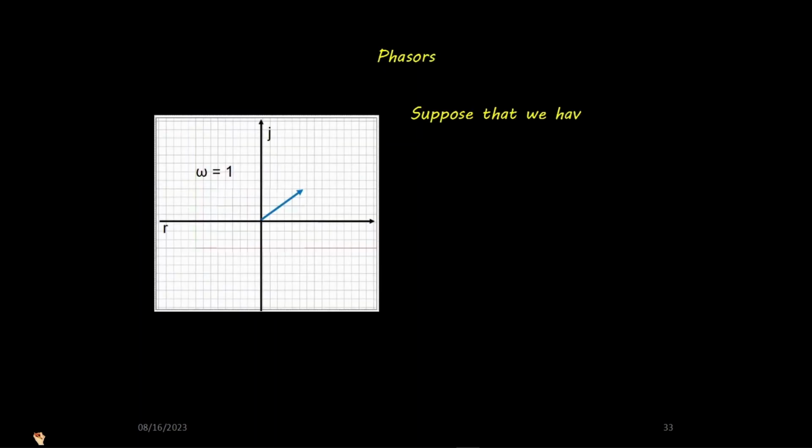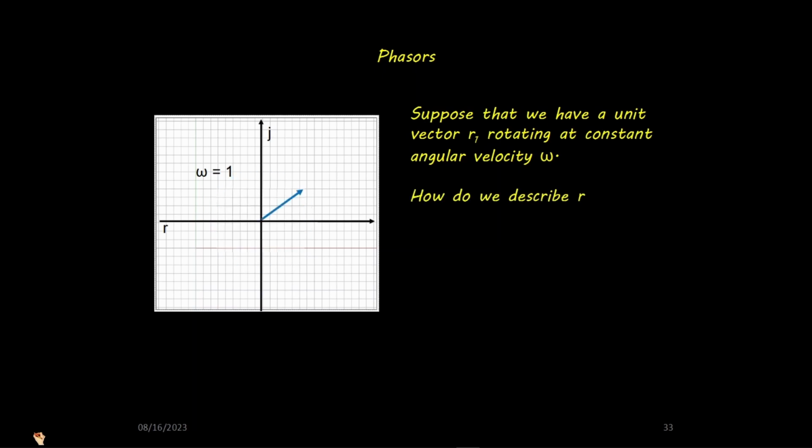Suppose that we have a unit vector r1, rotating at a constant angular velocity omega. How do we describe r1 mathematically? Since r1 is a unit vector, r1 equals cosine theta plus j sine theta.